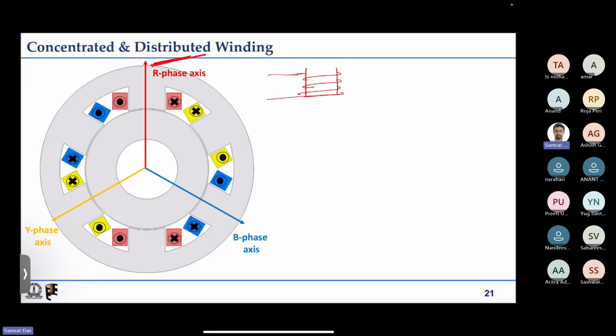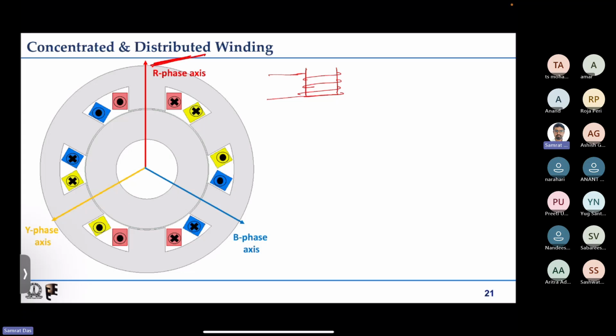So this initial portion was just to tell you that if we follow the principle, it is actually possible to do it with concentrated winding also. And if the number of poles is very high, say beyond 4, 8, it goes to 32, 64, 36, that many poles for some special kind of applications, then we go for concentrated winding kind of construction.